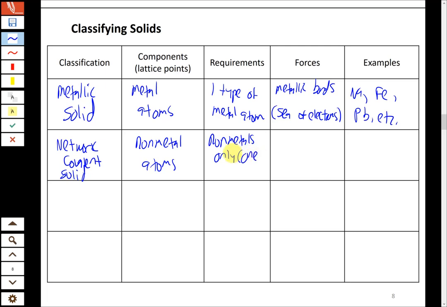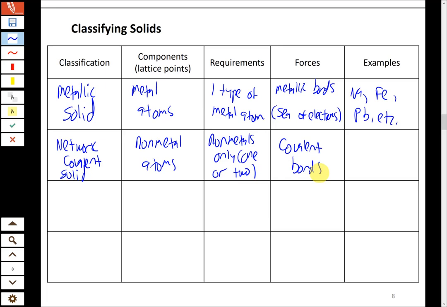So it can have one or two nonmetals in the formula, possibly more than two, but the types we talked about today were just a single element, which was a network atomic solid like carbon, or two elements like SiO2 that make a network covalent compound that has two different elements in it. And the forces that hold them together are the covalent bonds between the atoms. All right, so because these are made up of nonmetals, the atoms are going to be bonded to each other covalently, and that's what holds the whole structure together.